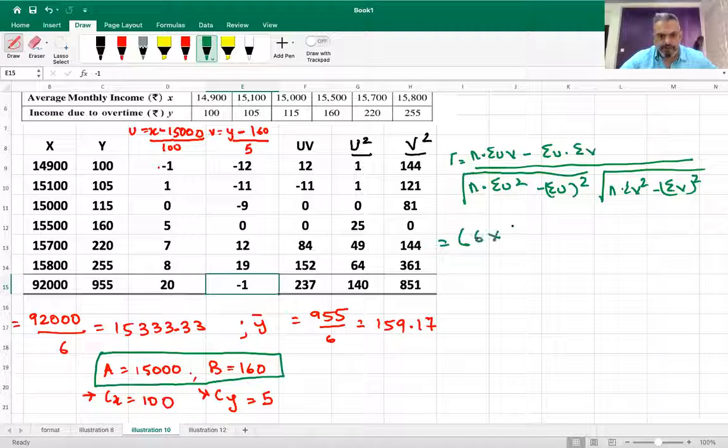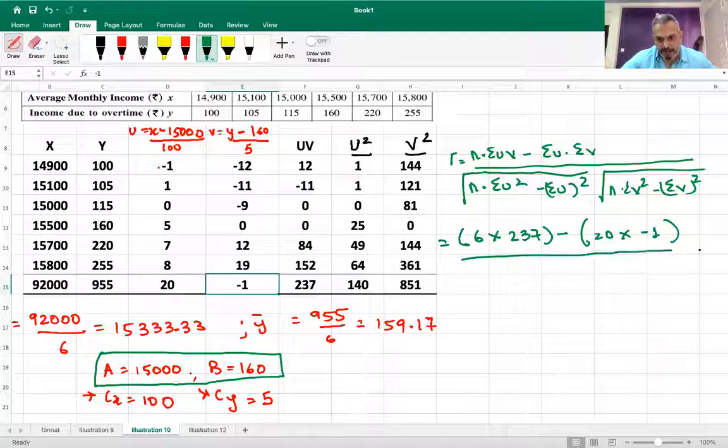So 6 into sigma uv is 237 minus sigma u is 20 into minus 1. Please be careful about it. Negative numbers can cause pain. Under root n is 6 into sigma u square 140 minus sigma u, that is 20, the whole square.